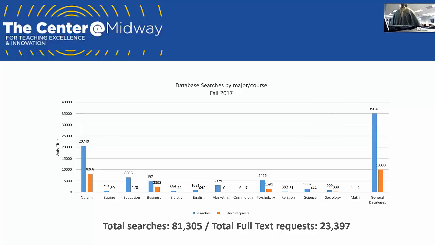Our students did a total of 81,305 searches for articles in the fall semester. That is an awesome statistic. They managed to find 23,397 articles that they felt were worthwhile enough to download the full text to their computer.